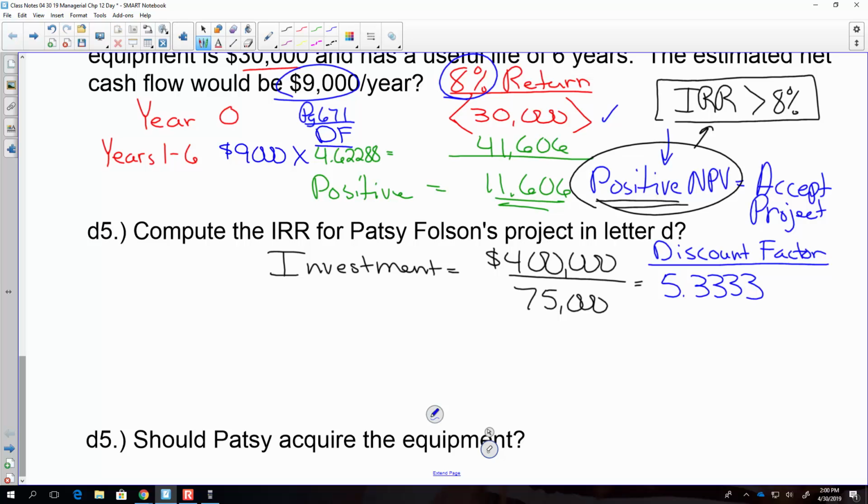I was on row 10. 7.72173. No. I have the discount factor already. I need to find the interest rate. I think it's between 12% and 14%.